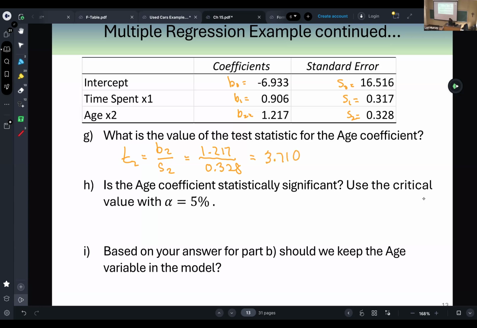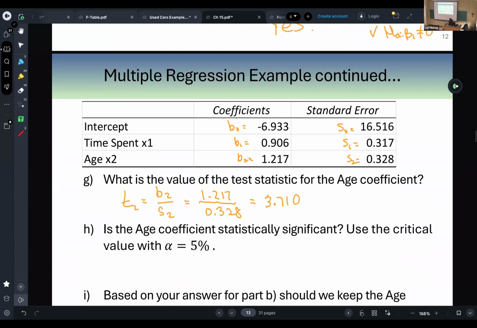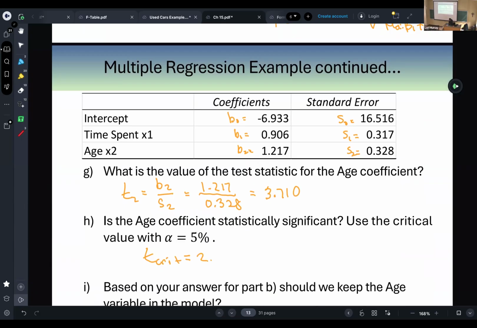Yes. And then we do the same thing. Is it statistically significant? You don't have to double your work. The degrees of freedom stay the same, so it's going to be the same critical value that we just did, because it's the same model. And we compare those two. Remember we're looking at B2 equals 0 versus the alternative B2 does not equal 0.